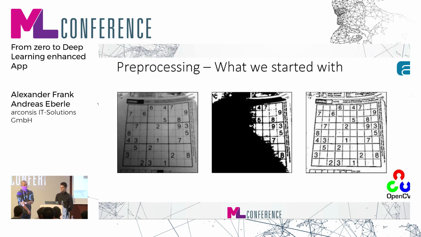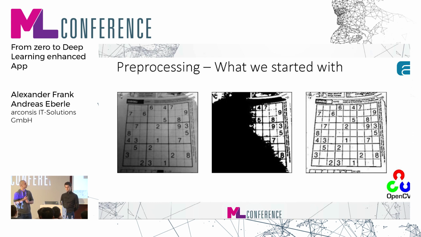Mm-hmm. So because our knowledge was more at the beginning at the CV part, we started with classical CV, trying to separate that stuff. For example, if you have the raw image, try to do a binarization of the image.